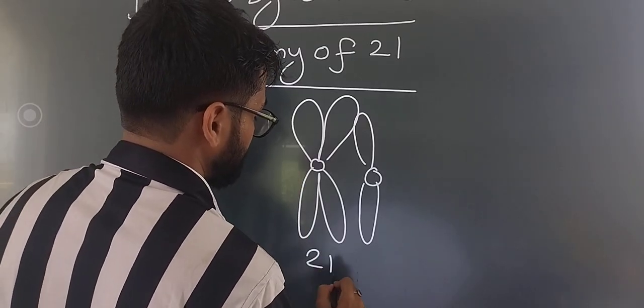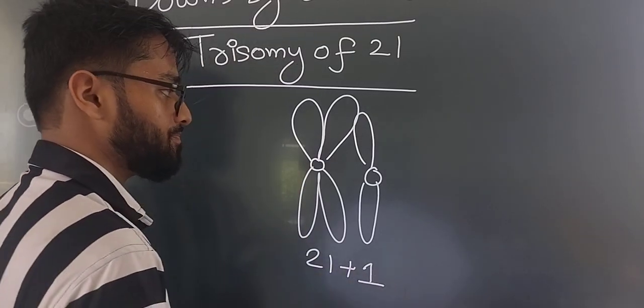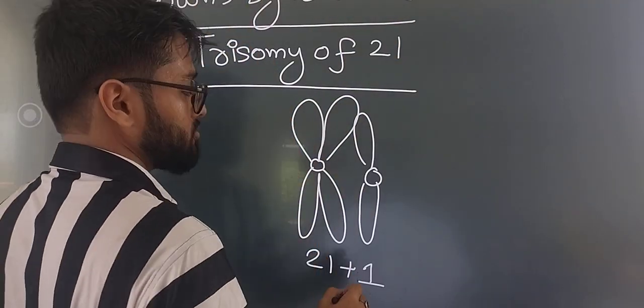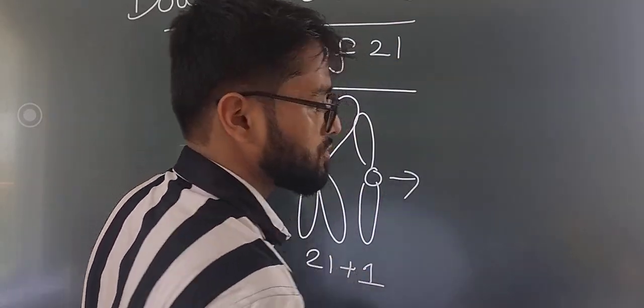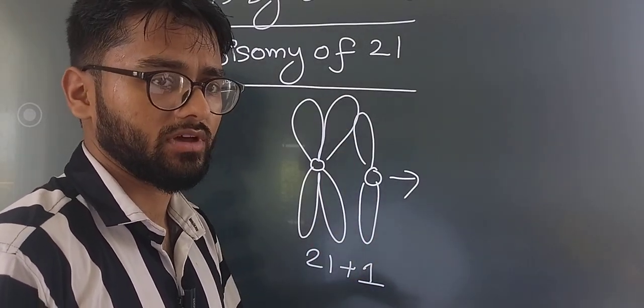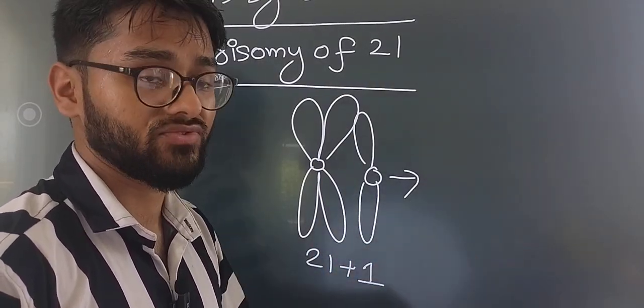This is your 21st plus 1. This is a trisomy of 21, and this causes your Down syndrome, which gives you moon face, cleft palate, retarded mental growth, shorter lifespan, all that.